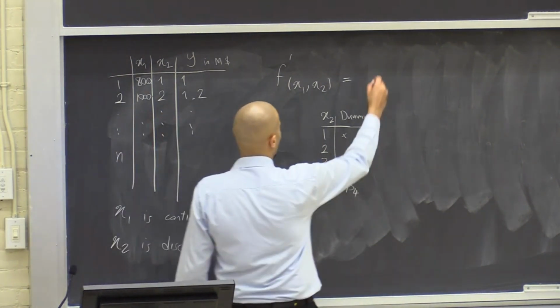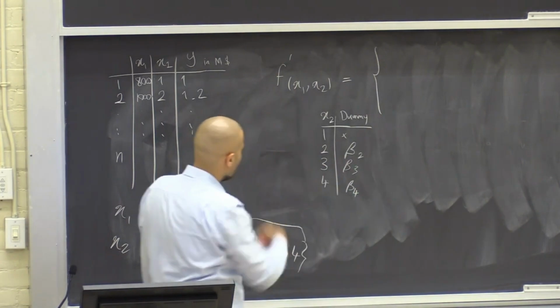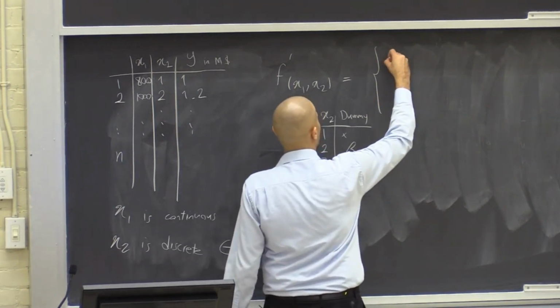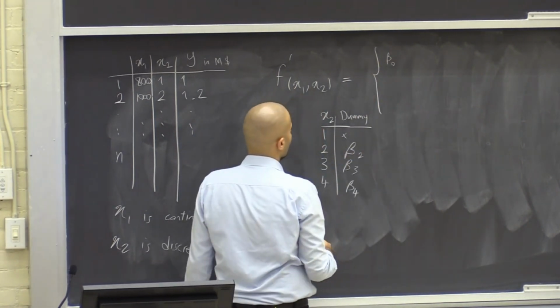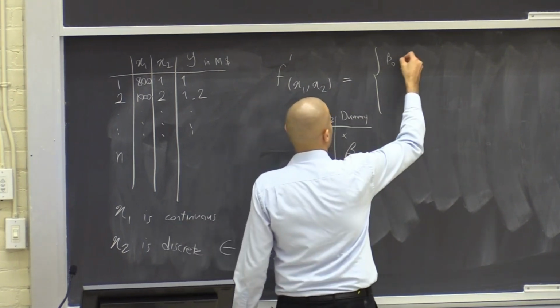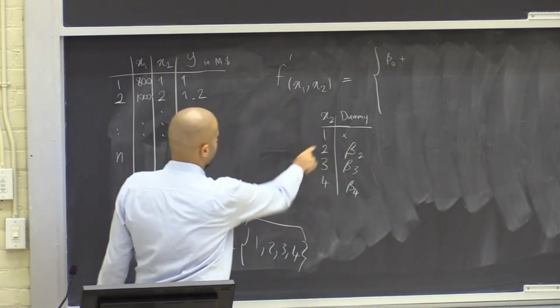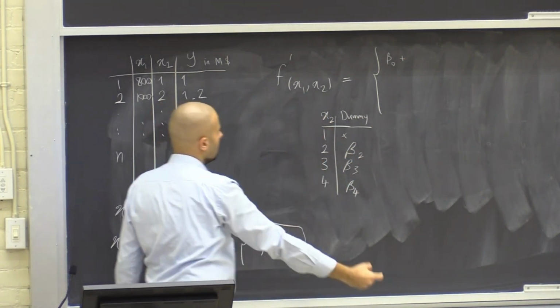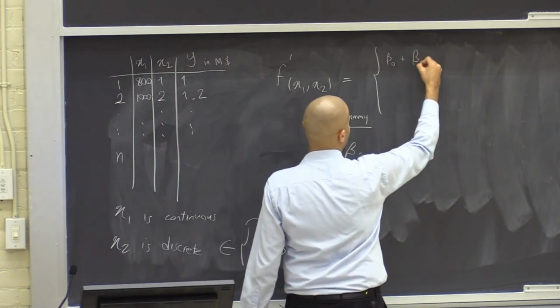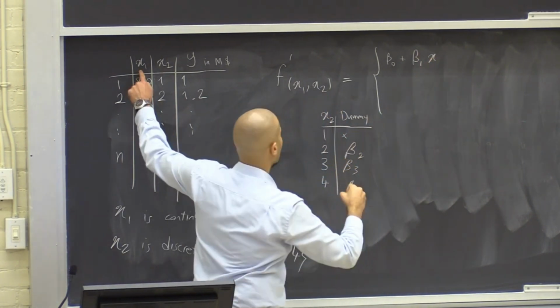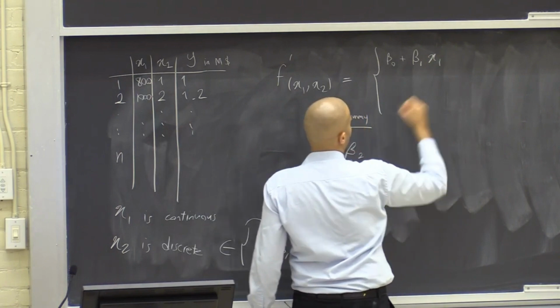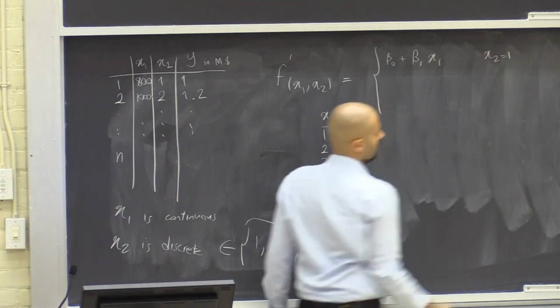Then our model will be something like this. There will be some intercept in all situations. And if the number of bedrooms is 1, no dummy is needed. So the next thing we can write is just beta 1 times x1, which was a continuous variable. And this is the situation when x2 is 1, number of bedrooms is 1.